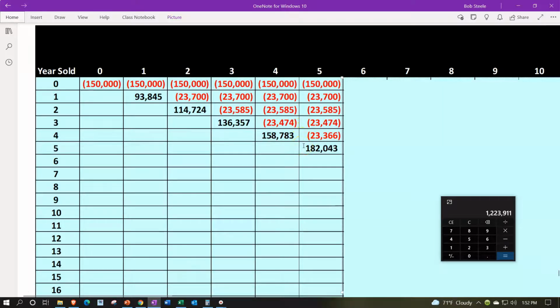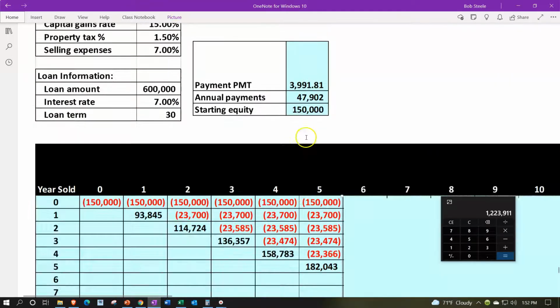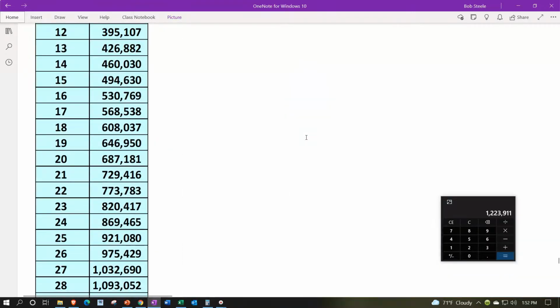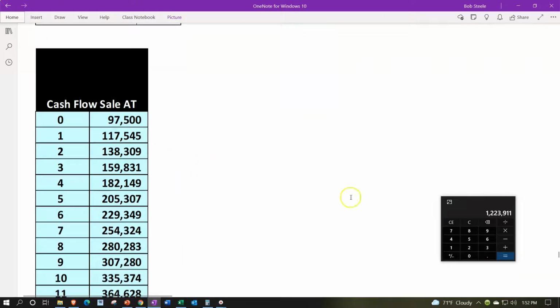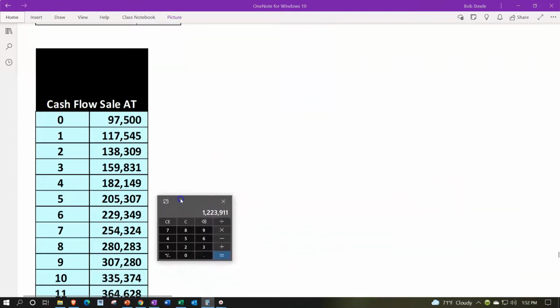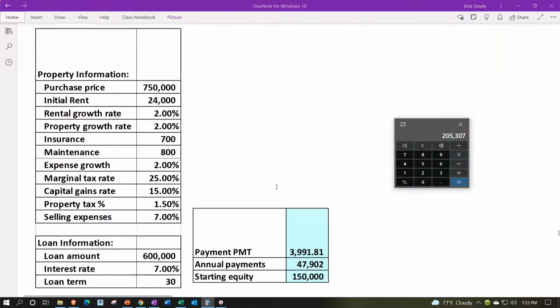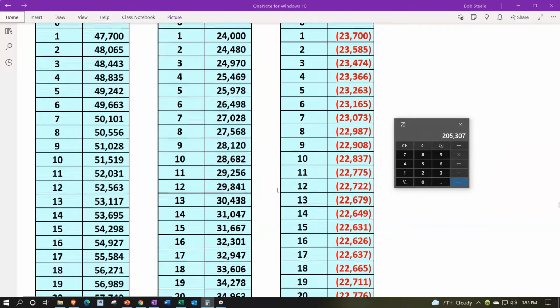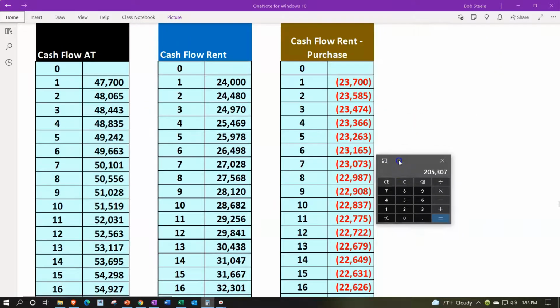This last number takes into consideration that last difference and the inflow that's happening after year 5, which was this net cash inflow. So we got an inflow in year 5 that if we realized it and sold it, we calculated the sale inflow, 205,307, after taking everything into consideration, minus the outflow for that year, which was this one.